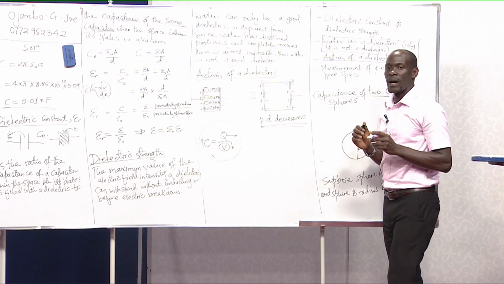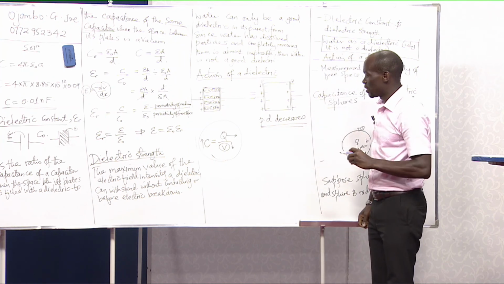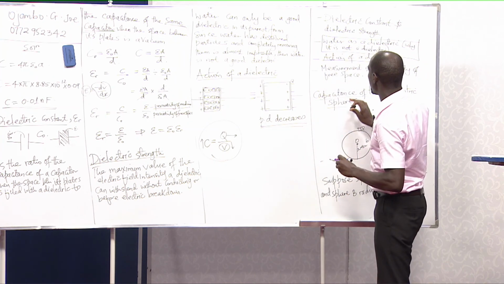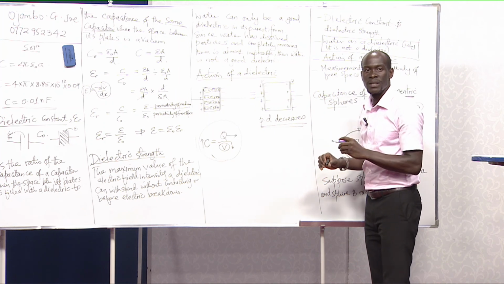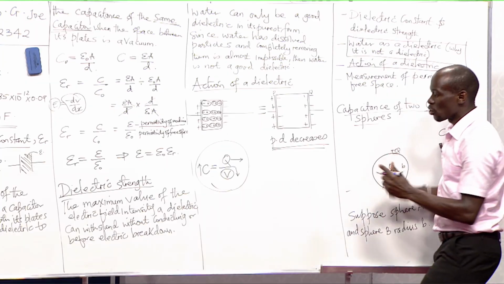Now, as we wind up our lesson, I want to leave us with a task. Can we look at an experiment to measure the permittivity of free space? So, activity.